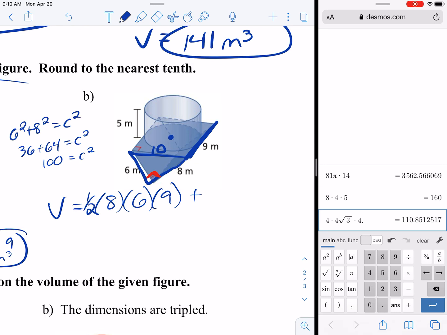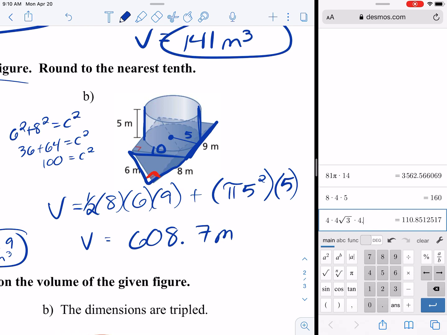So if that's a length of 10, that means our radius is 5. So this should have been pi times 5 squared times the height of 5 for our cylinder. And when we add these all together, we get a volume of 608.7 meters cubed.